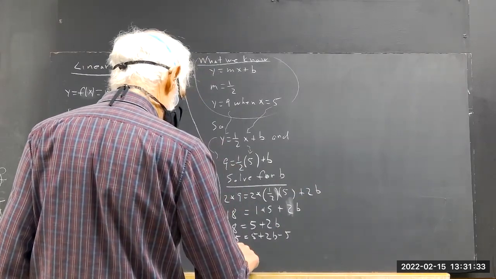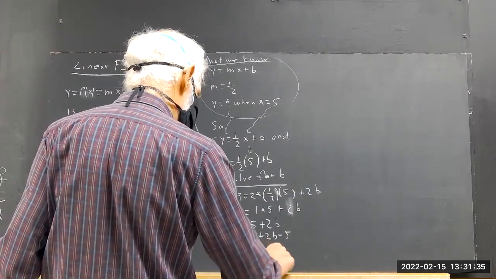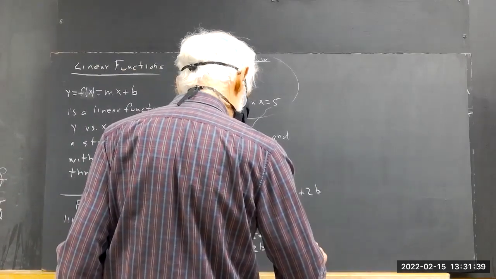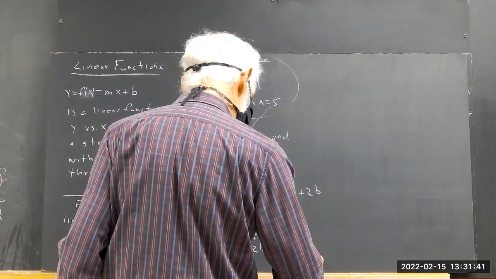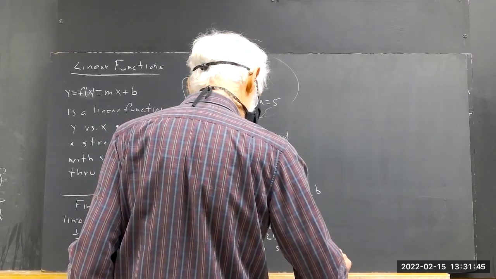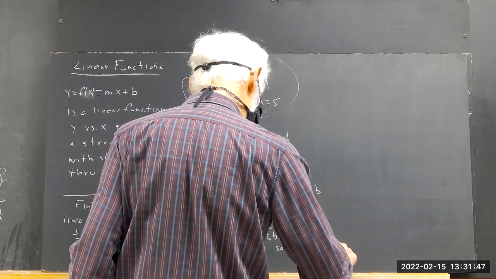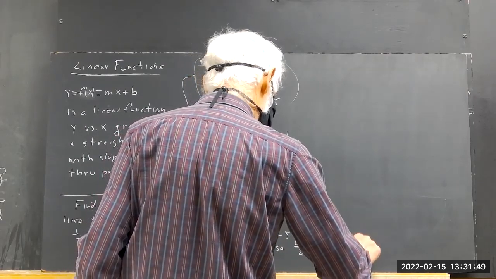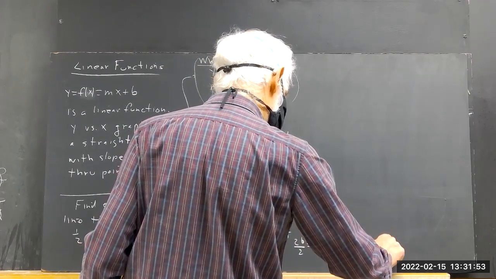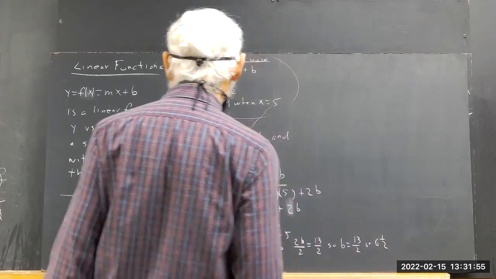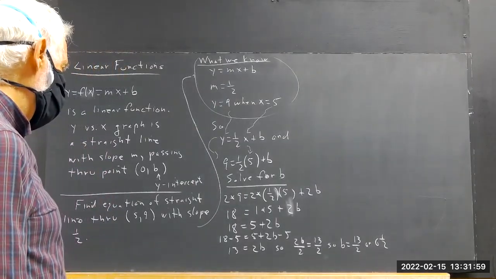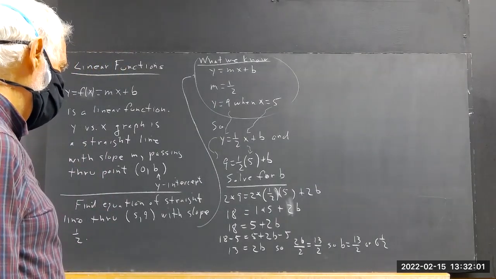So we get 13 equals 2b. So 2b divided by 2 equals 13 divided by 2. b equals 13 halves, which is 6.5. I'm not sure that fits well with my coordinates.